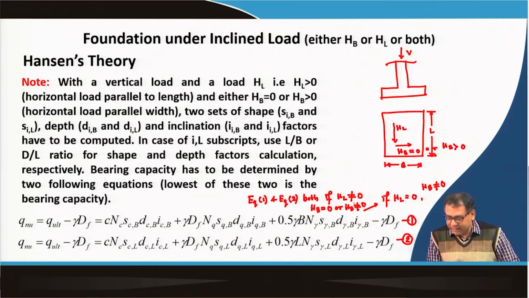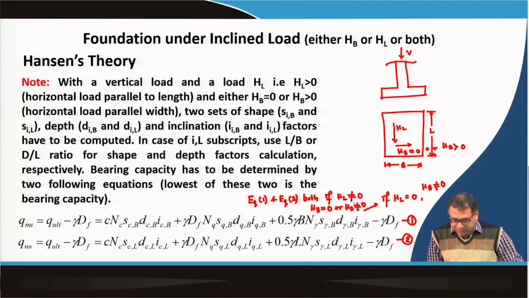One case, H L equal to 0, H B not equal to 0, then only equation 1, the one set, is sufficient. But if H L is not equal to 0 and H B equal to 0, then two sets. Again, if H L is not equal to 0 and H B is not equal to 0, again two sets. That means, whenever H L is not equal to 0, whether H B is present or not, we have to take two sets of factors, and you have to calculate the bearing capacity by using these two equations.